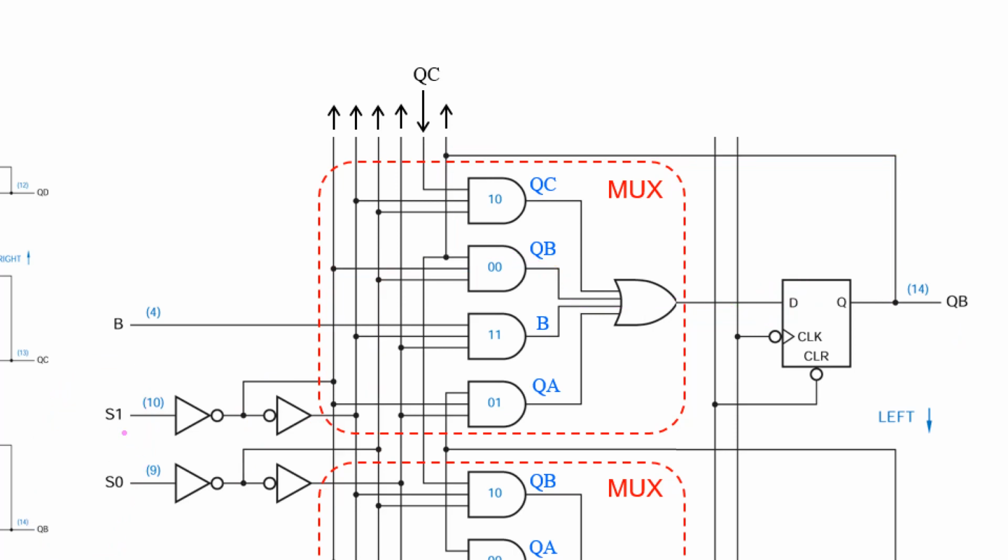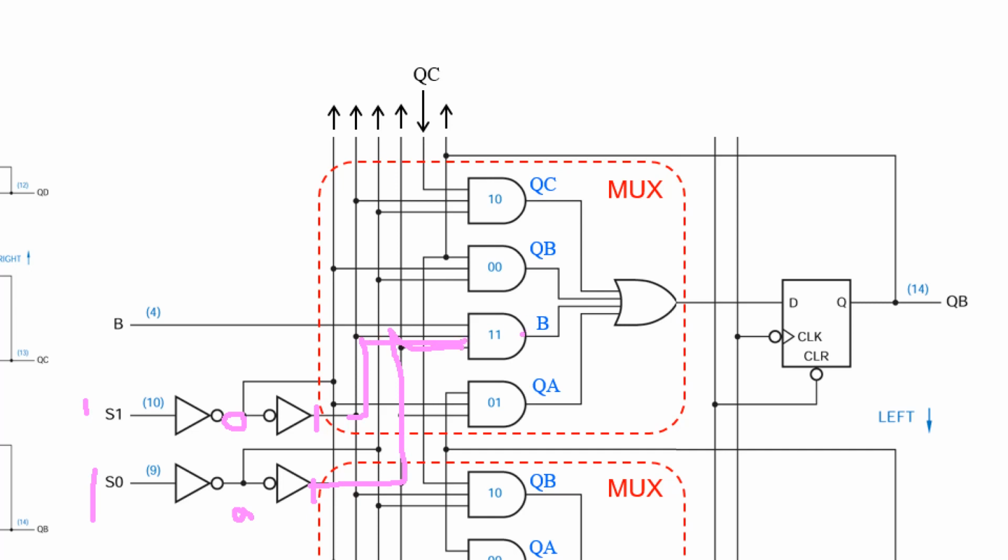If S1 is, for example, 1 1, then it is 0 0 here, 1 1 1 1 here. So in this case it is 1 here and 1 here.